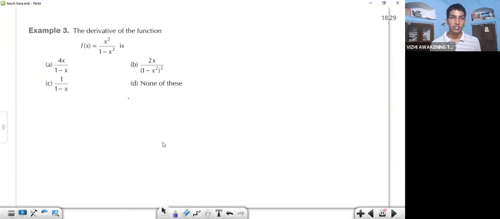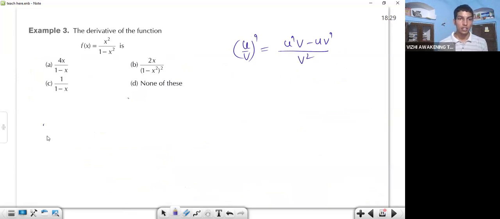So we have to find out the derivative of this function, which is in the form of numerator and denominator, and we had to apply this formula which we learned earlier, where u and v are the function of x. So its formula was, okay. So let's apply the same logic. F dash of x is u dash v. What is u dash? That is x square.